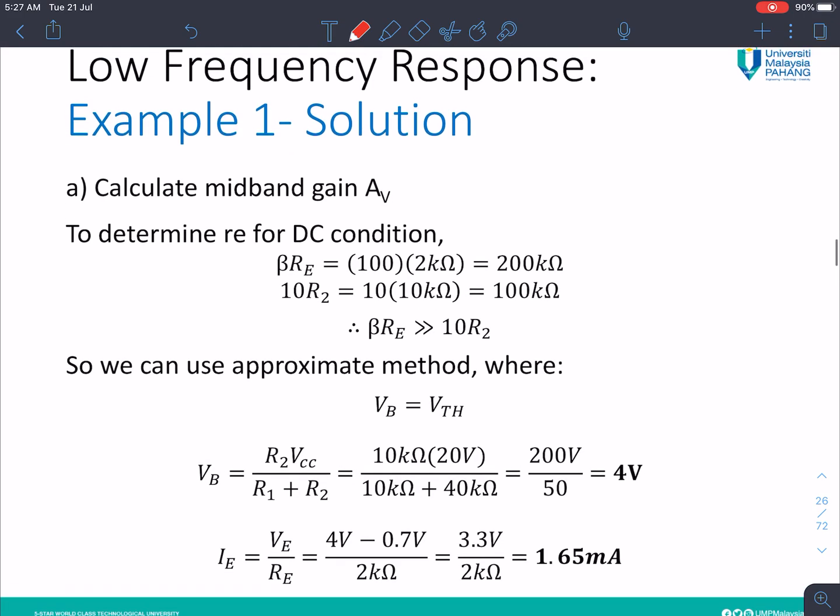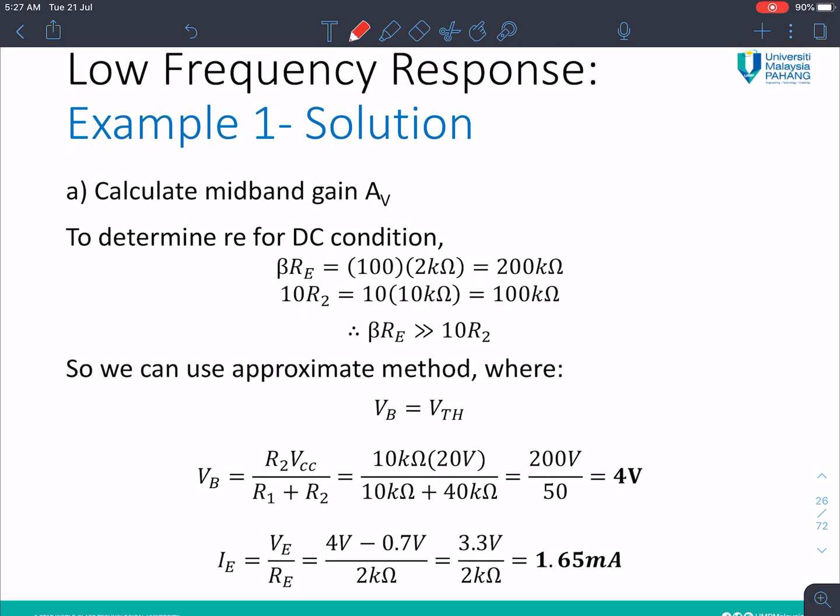Solution. Calculate the mid-band gain. First determine the RE for the DC condition. Remember that for the voltage divider, you have two methods to solve. First, using the exact analysis, and another one is approximate.